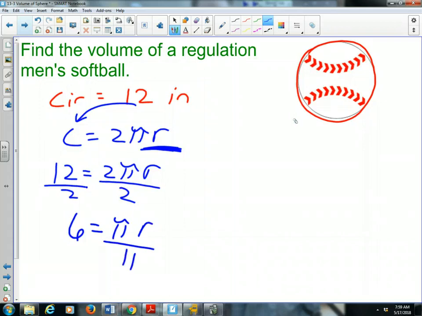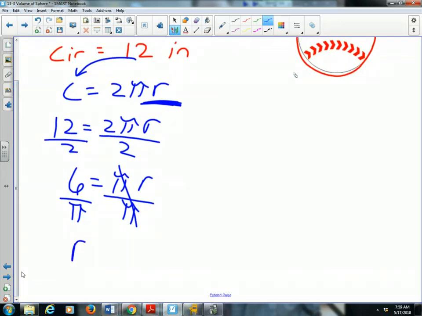And if you divide both sides by pi, which is roughly 3.14, you would get the radius to be approximately 1.91 inches.